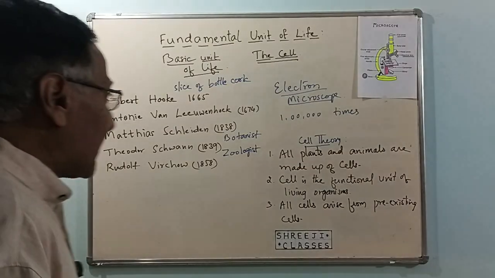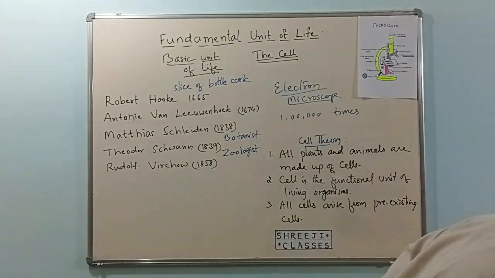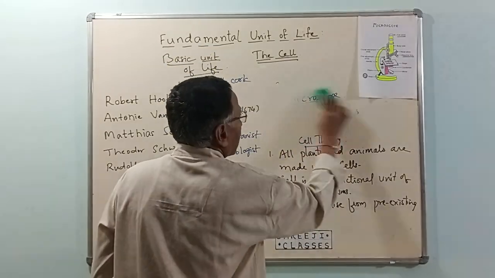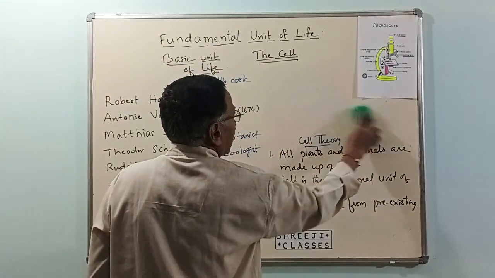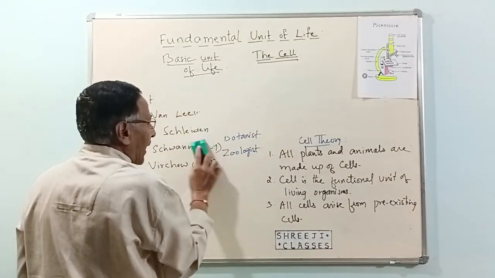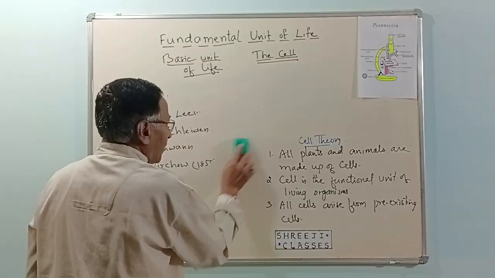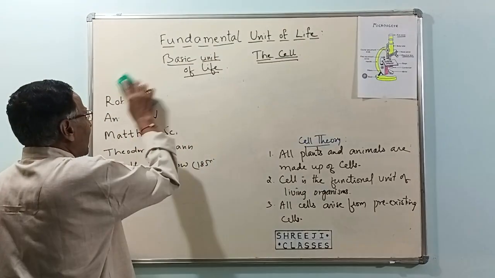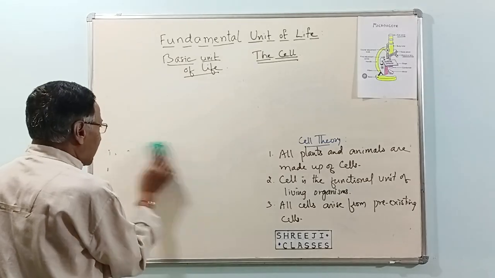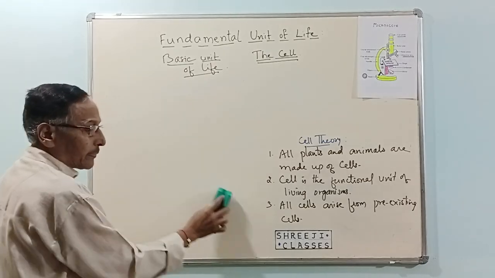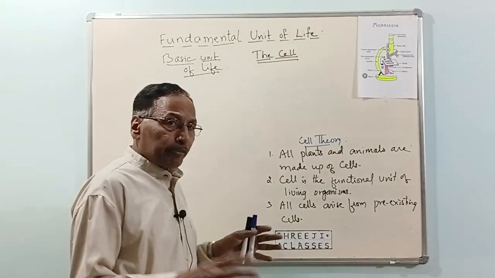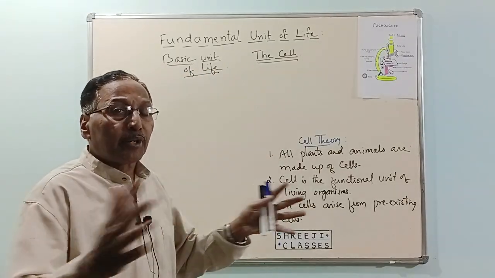There are certain things that we need to know here. What part of the cell performs the different activities? The cell has different parts which we call components.